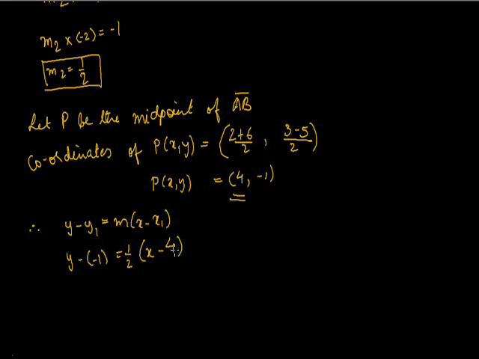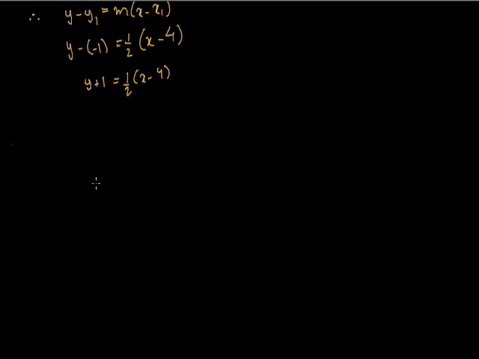So I'll substitute the same over here. I'll get y plus 1 is equal to 1 by 2 of x minus 4. By cross multiplication on either side, I'll get 2y plus 2 is equal to x minus 4, and finally the equation of the line would be x minus 2y minus 6 is equal to 0. So this is the equation of the required line which we were asked to calculate.